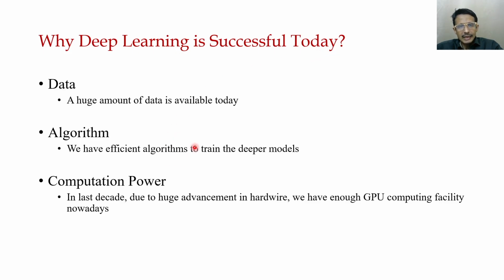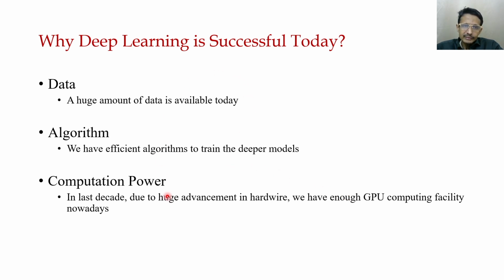Now algorithm: after this paper in 2006, we have an efficient algorithm to train the deep models. More sophisticated algorithms were proposed after that, but it was just the beginning of an era. And thirdly, what we have discussed, the availability of GPU computing power. So in the last decade, due to the huge advancement in hardware, we have enough GPU computing facility.